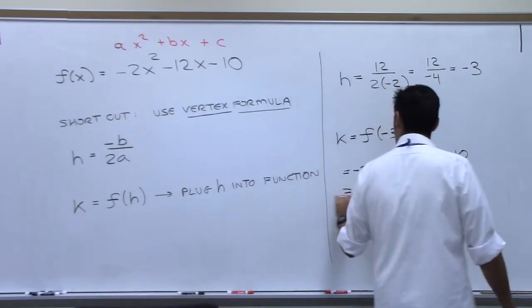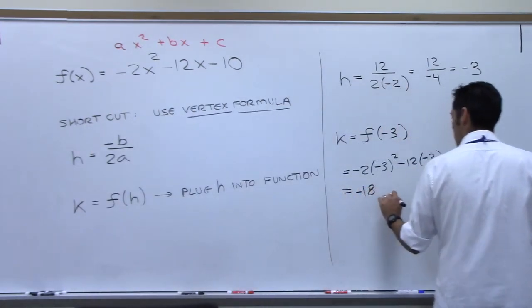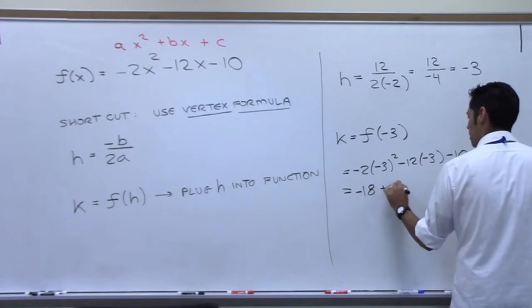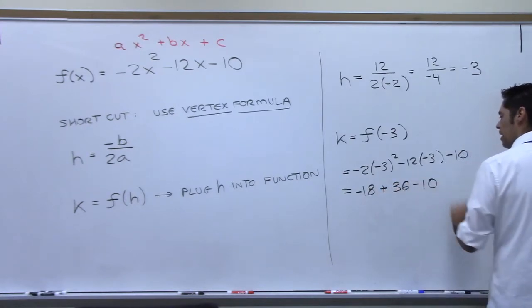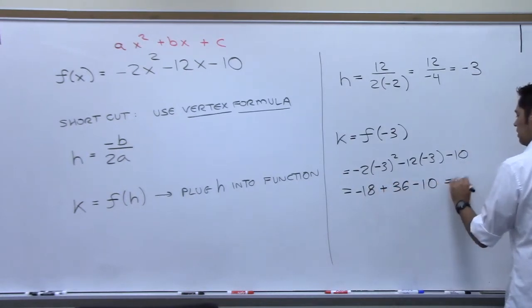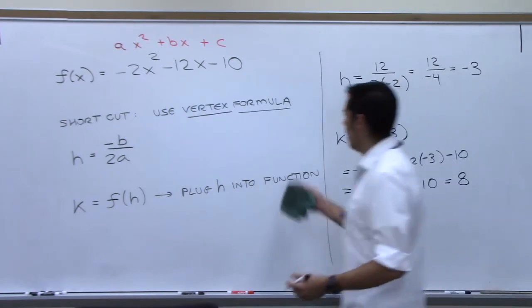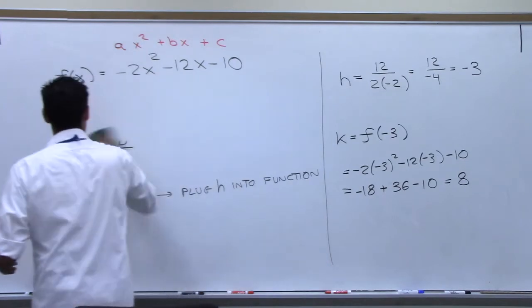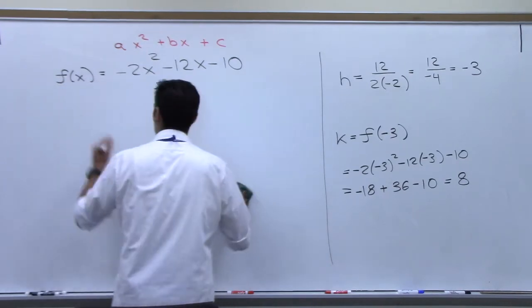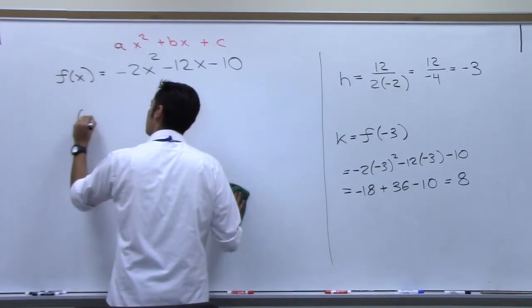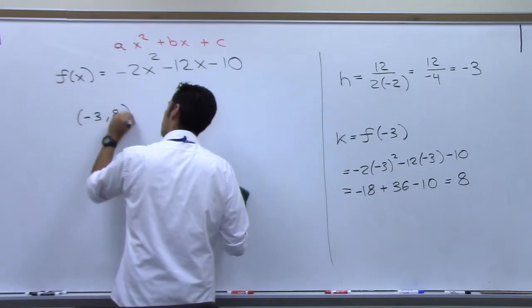It's negative 18 plus 36 minus 10, which is 8. You agree? So now that we have what h and k are, I can write it out. Here's what my vertex is. My vertex is negative 3, 8, right? It's my vertex.